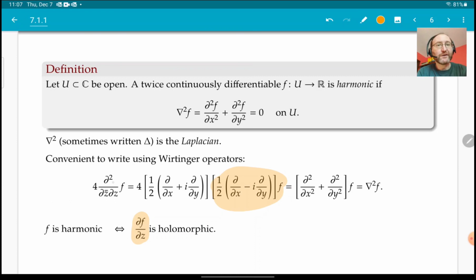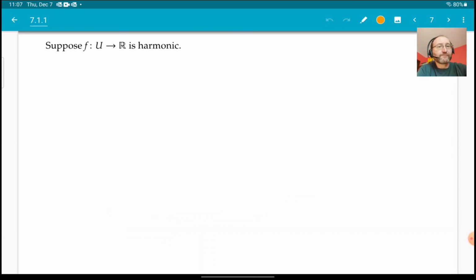I take the z derivative of f, and then because we're taking the z bar derivative and that's 0, then this is holomorphic. So we can see that that's equivalent: f is harmonic if and only if the Wirtinger z derivative of f is a holomorphic function.